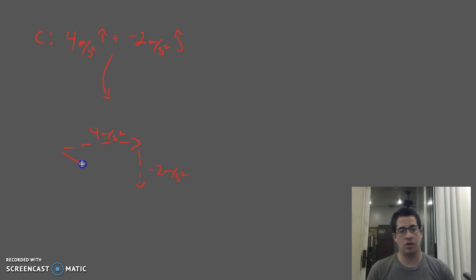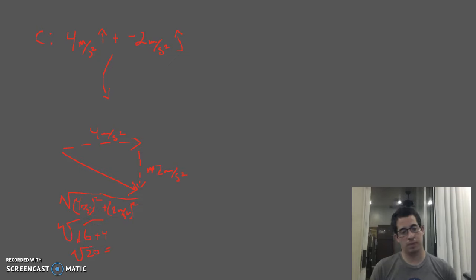and so then I want to find the magnitude of this vector. The way I do that is using the Pythagorean Theorem. Now once we draw this as downward, we don't have to make it negative anymore, the negative was just to show that it's going down. So the magnitude is the square root of 4 meters per second squared, squared, plus 2 meters per second squared, squared, or the square root of 16 plus 4, so the square root of 20.